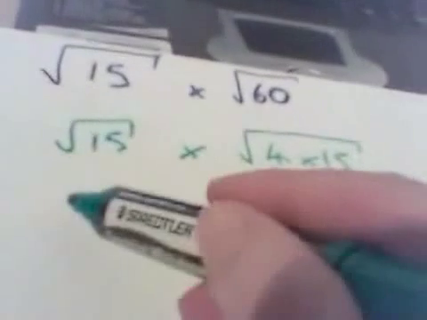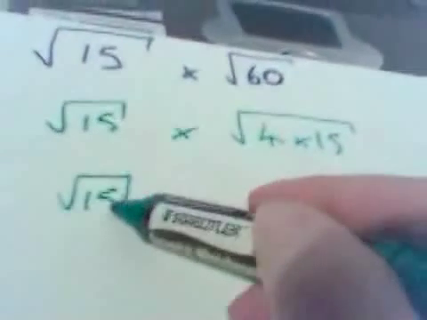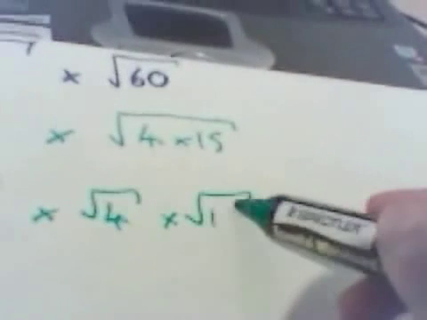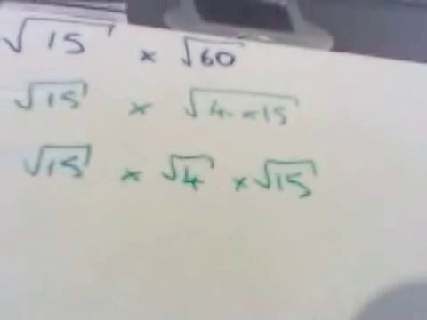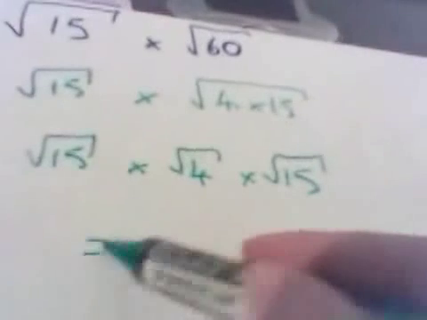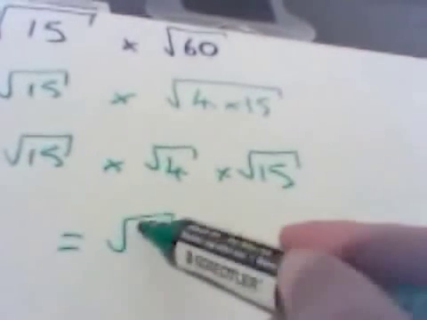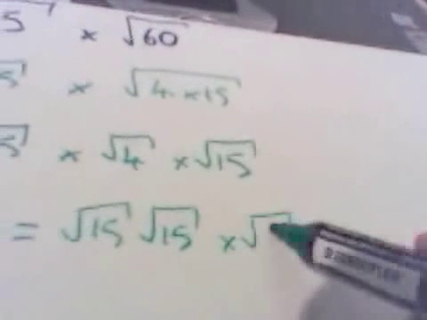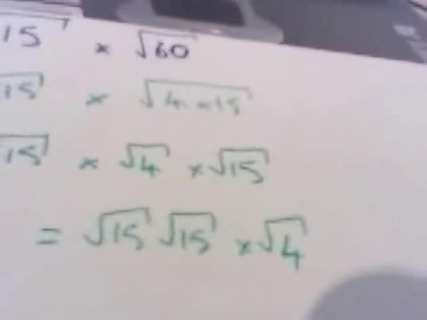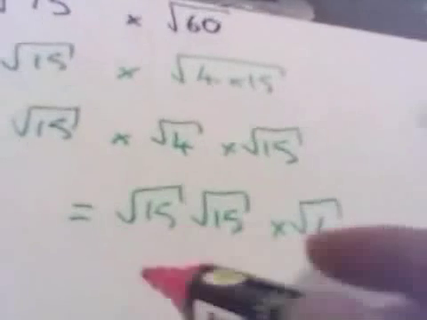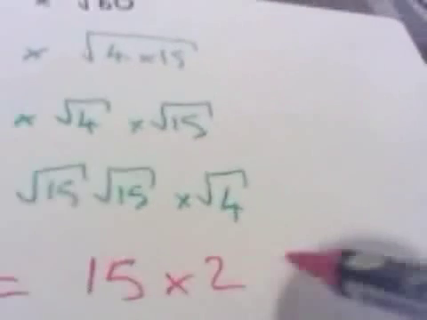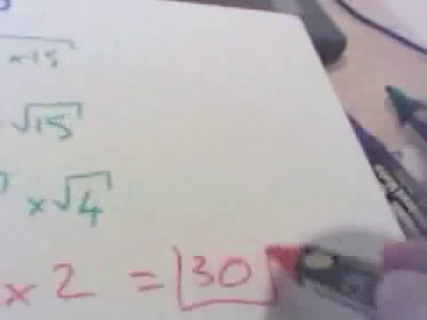So if we put this root 15 times root 4 times root 15, this is by my spotting squares method again, you very quickly see that you've got root 15 times root 15 times by root 4. Root 15 times root 15 is 15, square root of 4 is 2, which gets me an answer of 30.